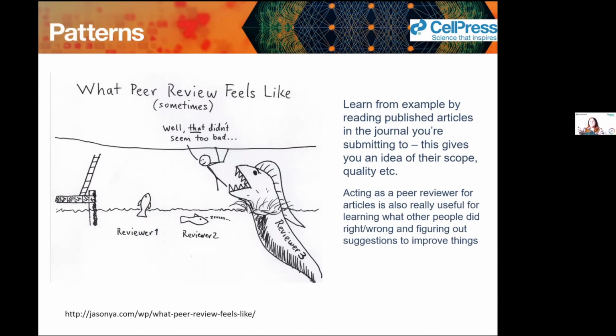What would I suggest as an alternative? Or figuring out suggestions to improve things as well. So think about peer reviewing, because I think it's a really good way of learning how to structure an article, how to get your arguments across and tell your story.